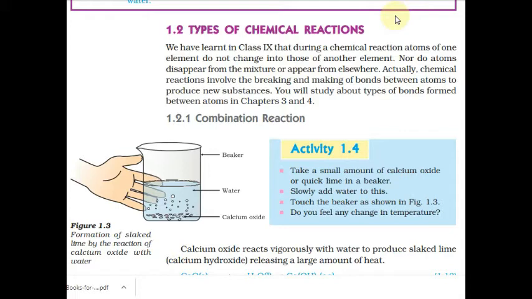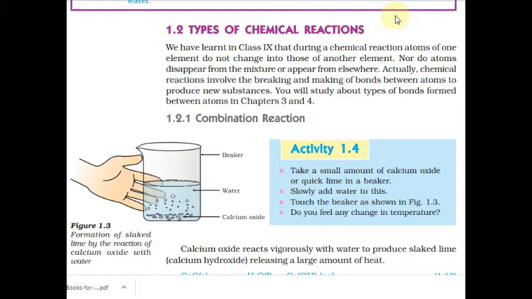Actually, chemical reactions involve the breaking and the making of the bonds between the atoms to produce new substances. You will study about the types of bonds formed between the atoms in chapters 3 and 4. We have not seen that yet, I have just started this lesson. Afterwards, I will tell you how the types of bonds are formed between the atoms.